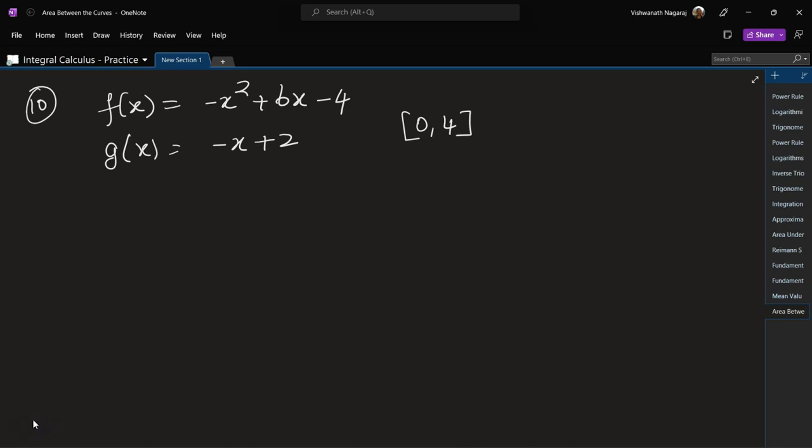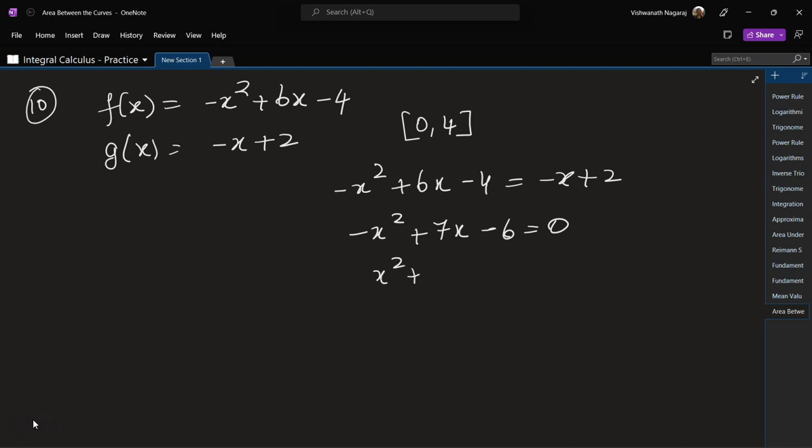Okay, again, first thing we have to figure out is whether they intersect. Minus x square plus 6x minus 4 is equal to minus x plus 2. So minus x square plus 7x minus 6 equal to 0. X square minus 7x plus 6 equal to 0.